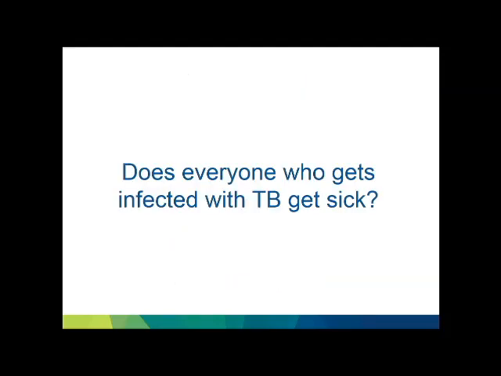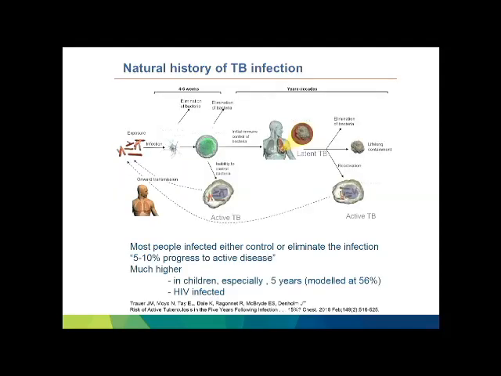Now, does everyone who gets infected with TB get sick? And this question is answered by an explanation of the natural history of TB. So when a person inhales the M. tuberculosis bacillus, now, first of all, not everyone gets sick.